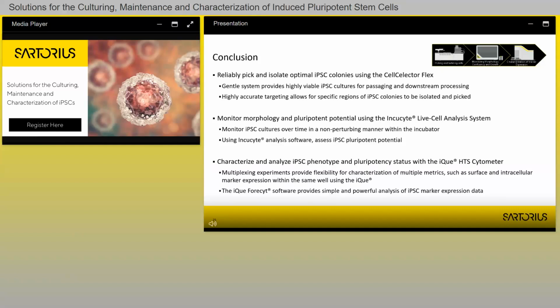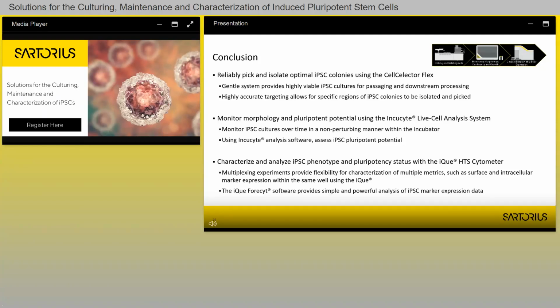Using the Incucyte live cell analysis system within this workflow, you can monitor morphology and pluripotent potential. iPSC cultures can be monitored over time in a non-perturbing manner within the incubator environment. Using Incucyte analysis software, you can assess iPSC pluripotent potential as well.